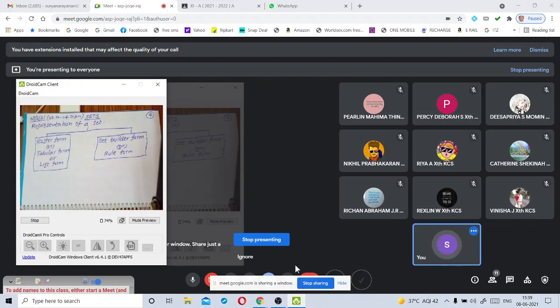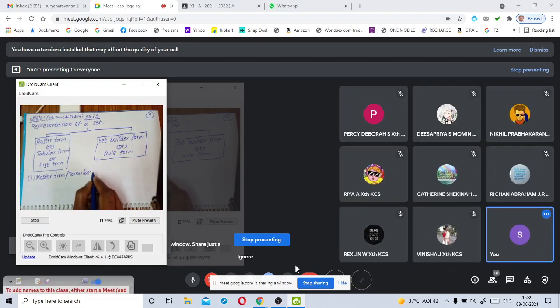Okay, my dear children. Now come to this point. How to represent a set in roster form? Tabular form or roster form.